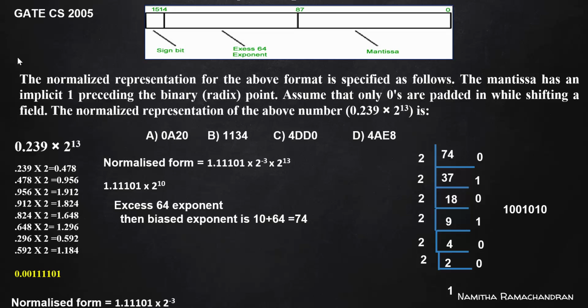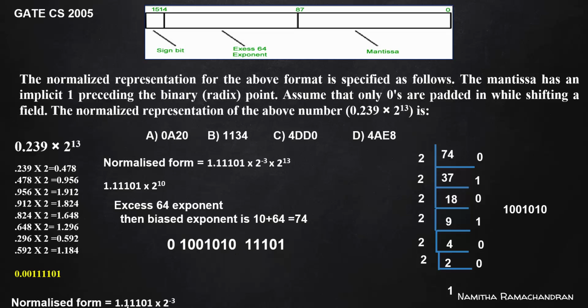Okay, now we can consider the representation. Sign bit single 0 because this is a positive number. And biased exponent is 1001010, again a 7-bit representation included in this biased exponent part.